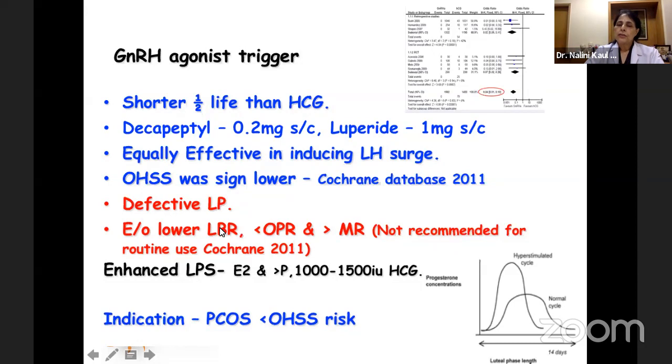So when you're giving agonist, you have to give enhanced luteal phase support. You have to give a little bit of HCG to get that corpus luteum functioning. So therefore, in routine ovulation induction IUI, please do not use GnRH agonist as trigger unless you have a risk of multiple follicles and high E2 levels.